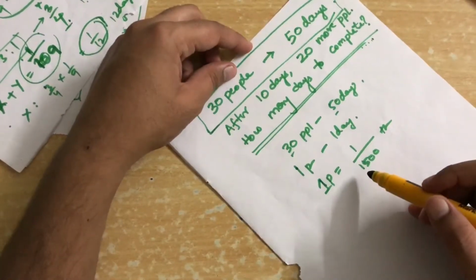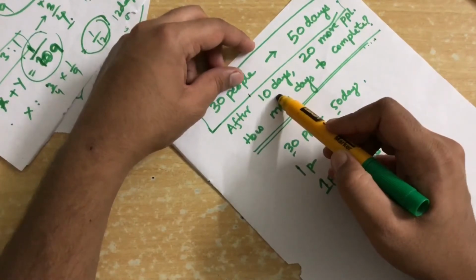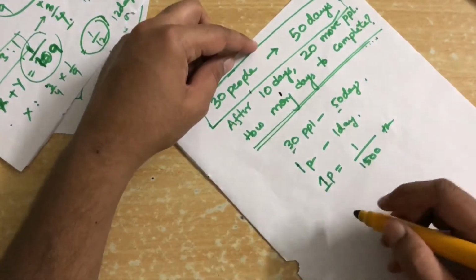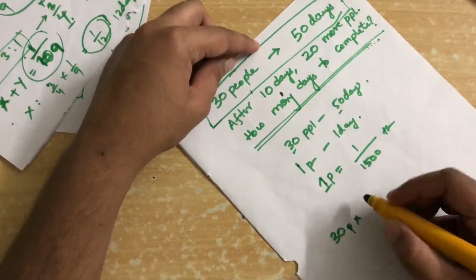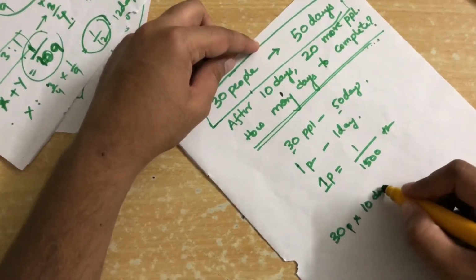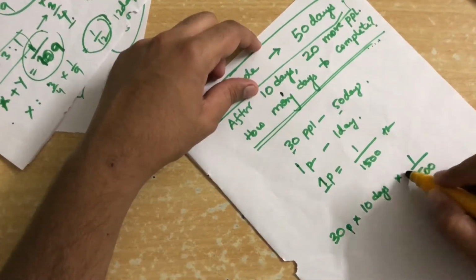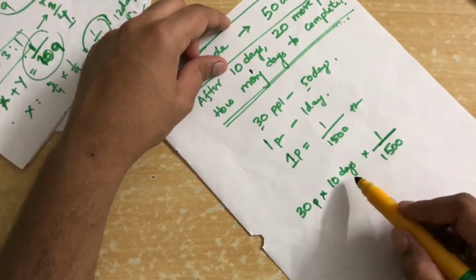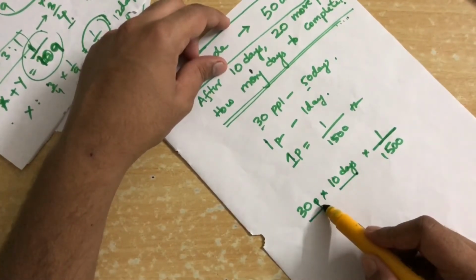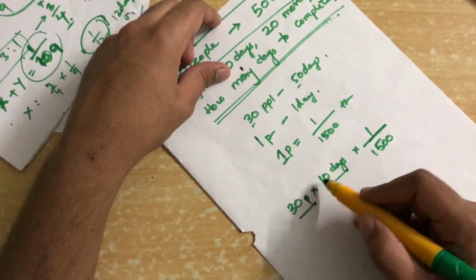Now 30 people have worked for 10 days, into 1 by 1500, because that is the amount of work each person does each day, into the number of days into the people.